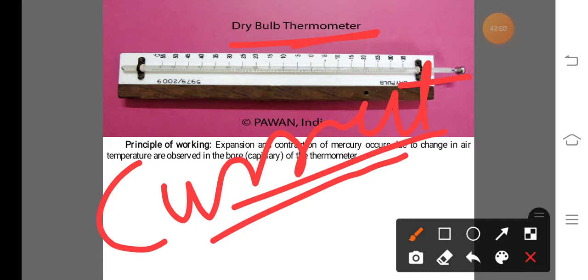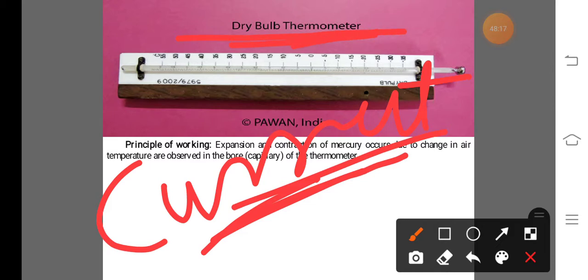It is important for MCQ purposes, and for semester practical as well as semester theory exam purposes. The current atmospheric temperature or actual air temperature is measured using the instrument named the dry bulb thermometer.